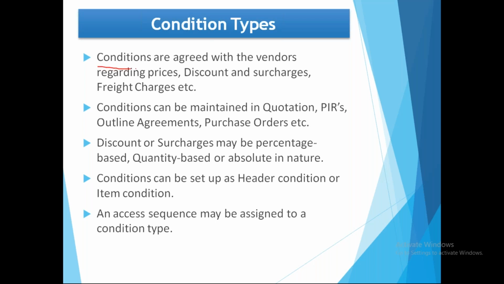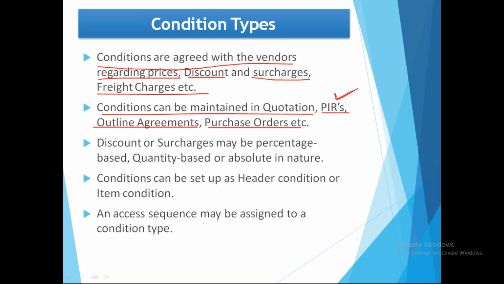Conditions are agreed with the vendors regarding prices, discounts and surcharges and freight charges, etc. These conditions can be maintained in quotations, purchase info records, outline agreements and purchase orders. Try to recollect our purchase info record class. There we entered conditions. So they can be maintained in all these places.